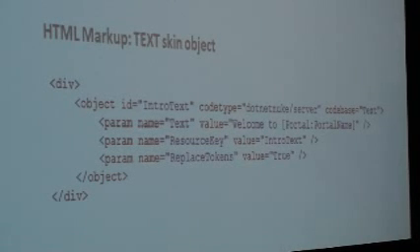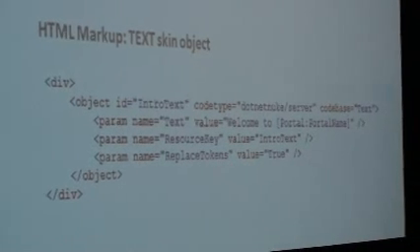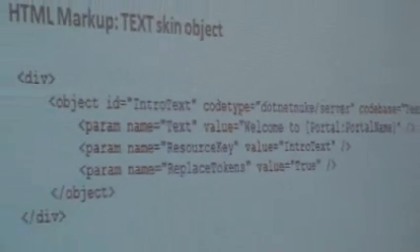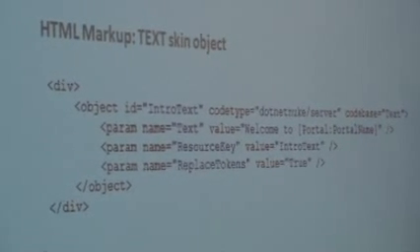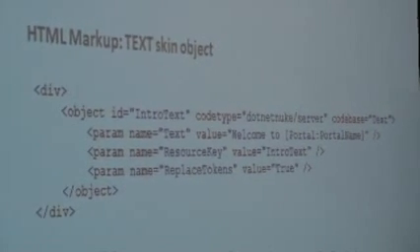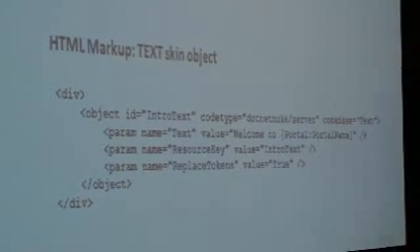So in this particular example, you can see that for the value of text, I'll put welcome to, and in brackets, portal name. That's one of the standard tokens we support, and there's a few of them. I believe there's upwards of 20, maybe more. But you can drop that into your skin, and it will be replaced dynamically at runtime with the appropriate value.